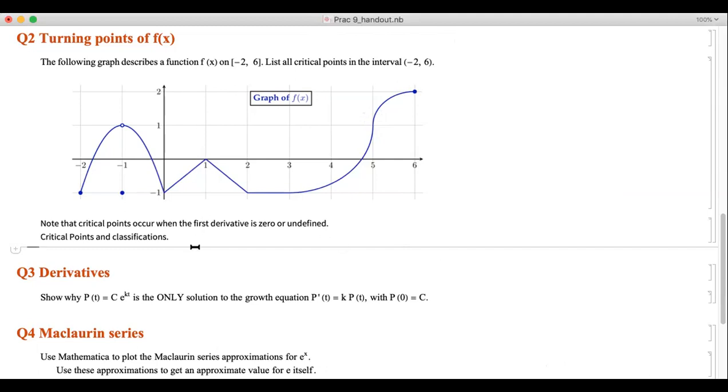Okay, there is a critical point at -1, +1.